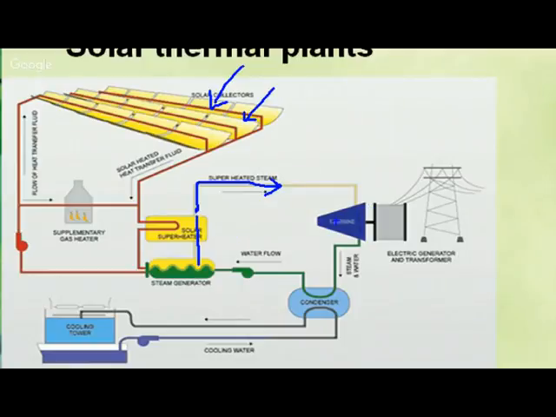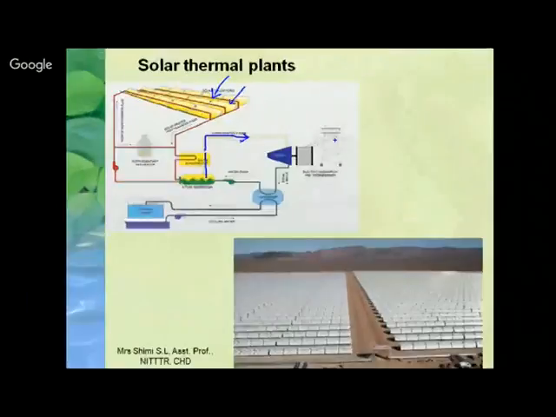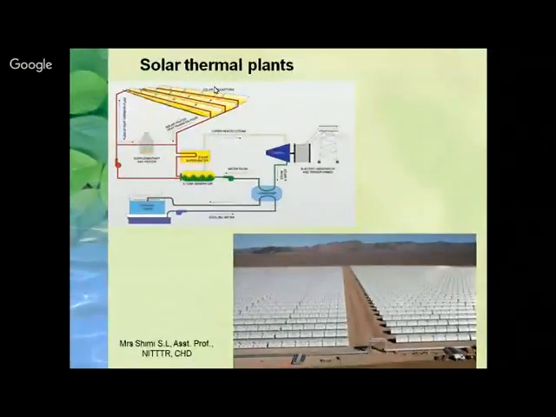It does the useful work, and once the steam does the useful work, it is converted into water and gets condensed again, and this process is continuous. After the turbines you have the transformers, where you convert the form and give it to the grid. So these are also the solar thermal power plants which are available.